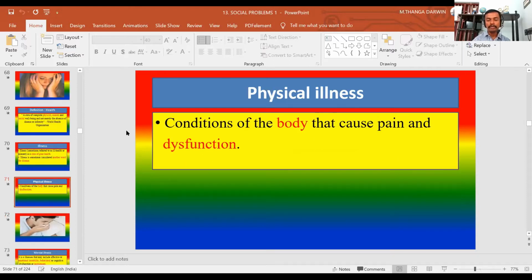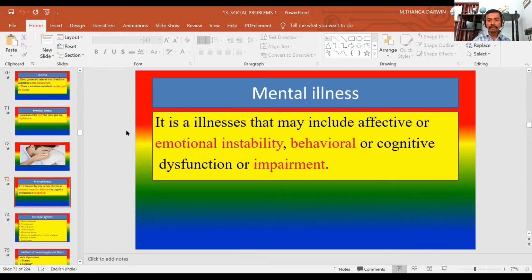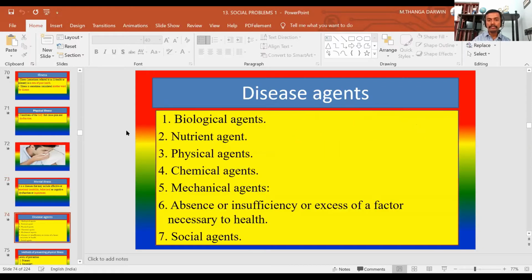Physical illness means body dysfunctions. Mental illness means mental dysfunctions, mainly emotional instability, behavioral issues, and cognitive impairment. Then disease agents: biological, nutrient, physical, chemical, mechanical; absence or insufficiency of nutrition, then excess of necessary factors, for example minerals, then social agents.